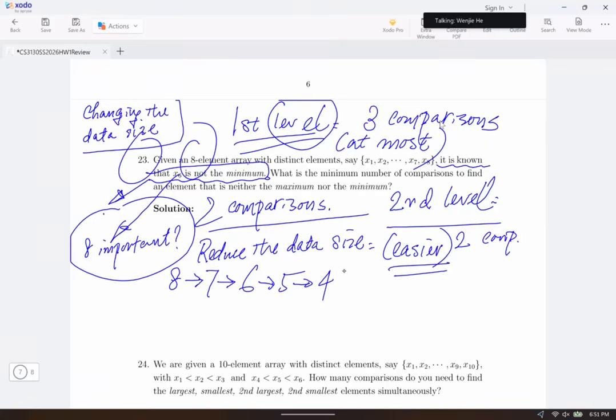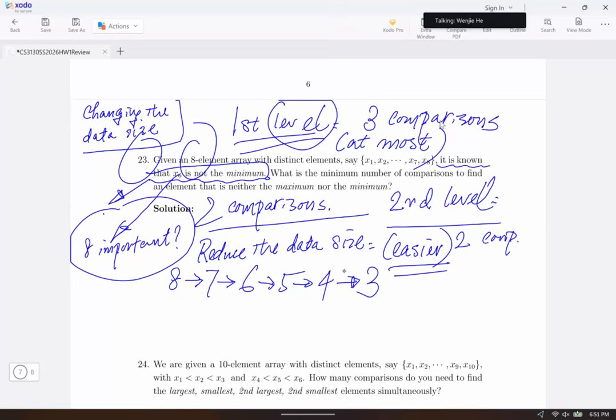In this way, we can make it easier and easier. Why reduce? Because we want to make it easier. How about reducing another round, to 3?